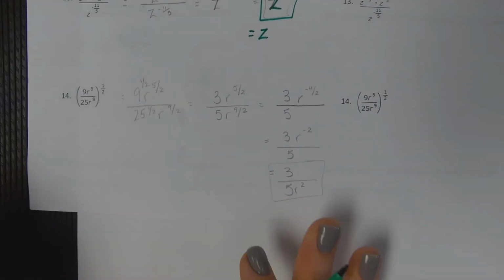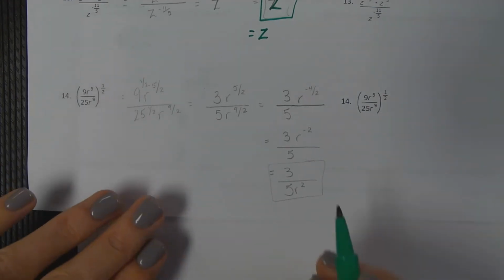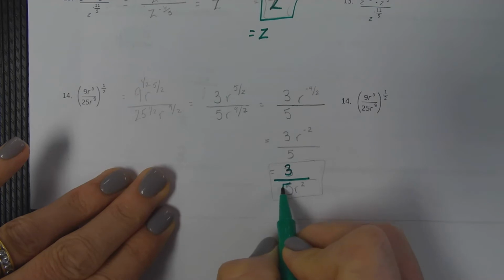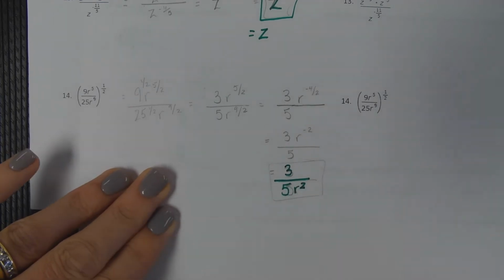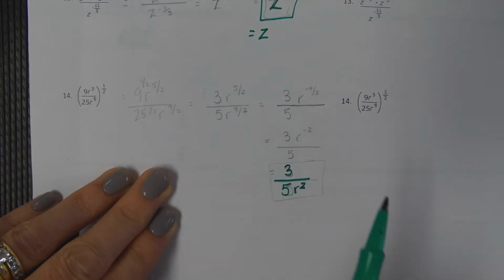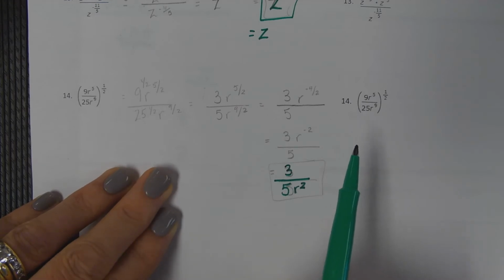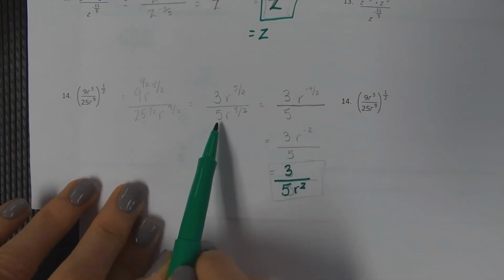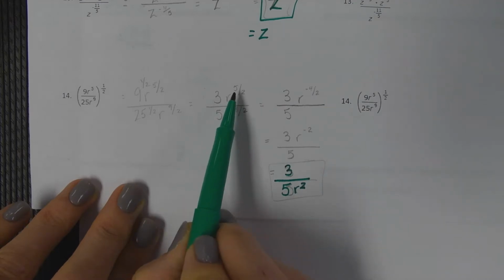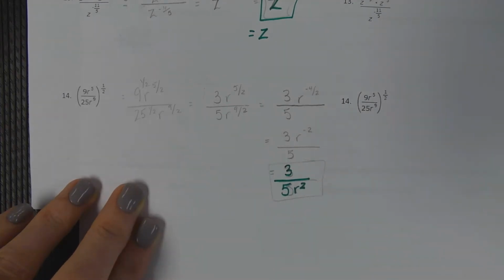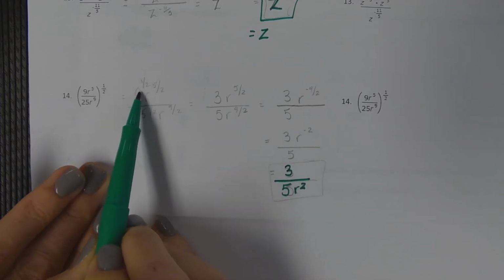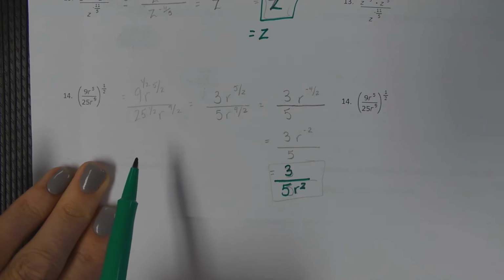All right, so let's look at 14. This is by far the hardest one. What if we left it like that? I guess simplified that to the square root of 9 and 25. So I got 3 over 5. But I got 3 to 1/2 r to 5 over 2. You can't have 3 to the 1/2. You got rid of the 1/2 when you went from 9 to 3.